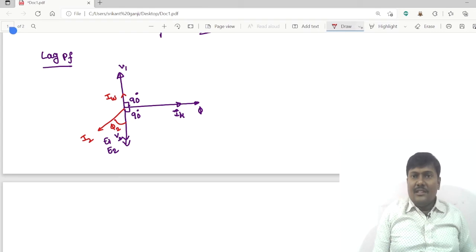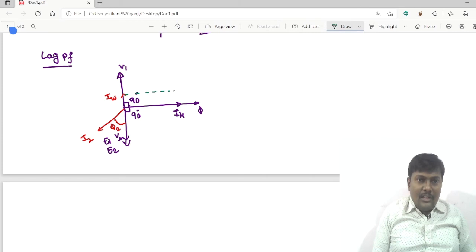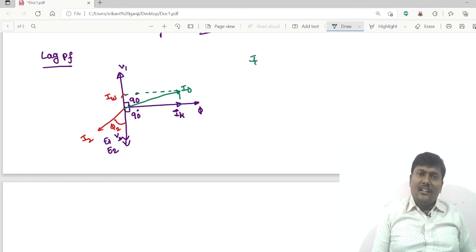IW is in phase with the supply voltage. So this is called the no load current I0. See, I0 is a phasor sum of the magnetizing component of current and the wattful component of current.